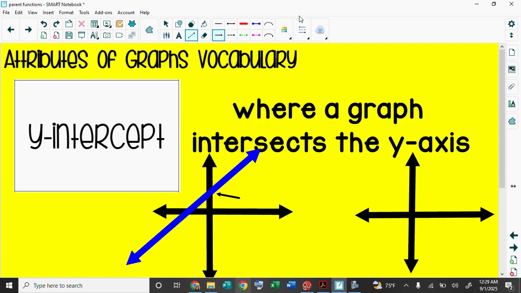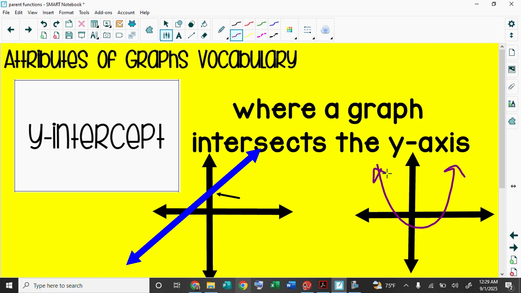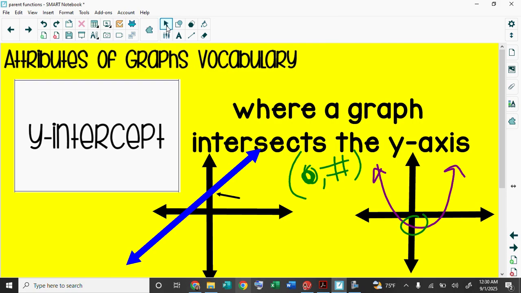But it doesn't always have to be a line. It can also be a graph that looks like this. And that spot right there is the y-intercept because it's where it crosses the y-axis. This ordered pair is always 0, comma, some number. Pause the video. Get all that down.